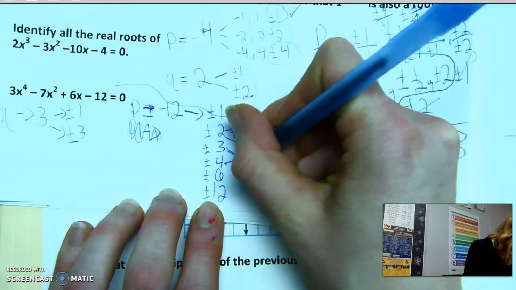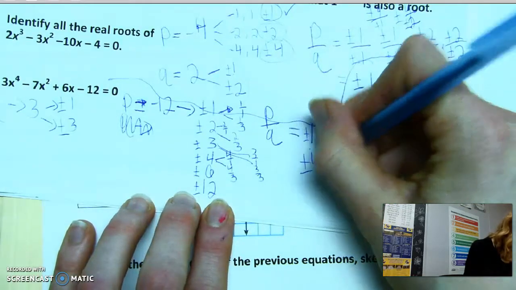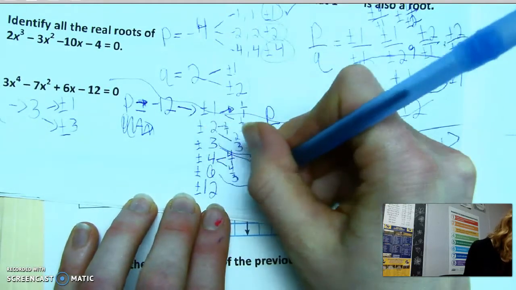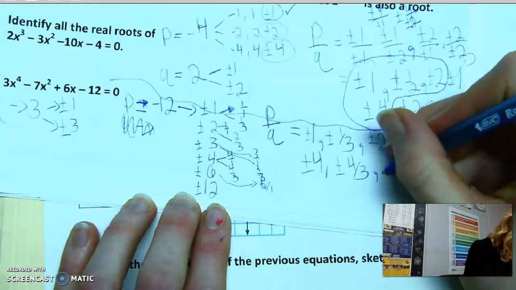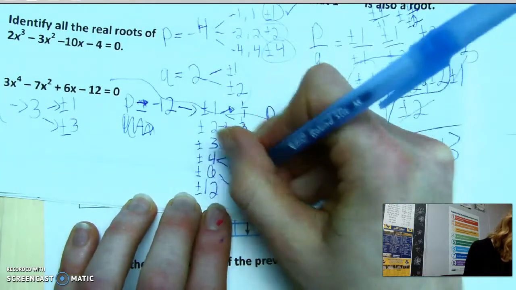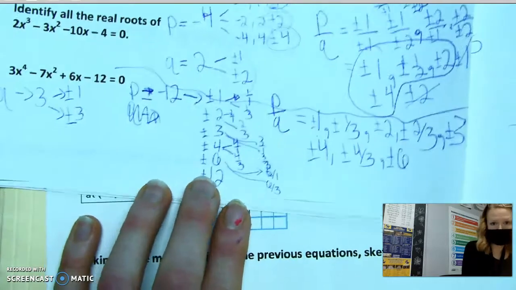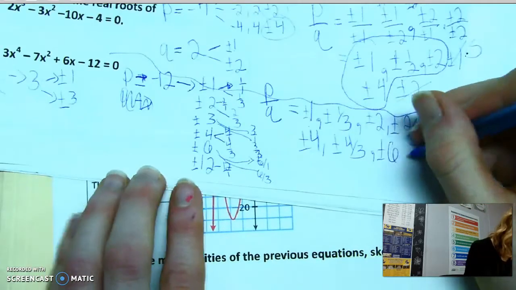4 divided by 1, and then I have 4 divided by 3. So I have plus or minus 4, plus or minus 4/3. Got to continue with 6 divided by 1, which is plus or minus 6. And then 6 divided by 3, which is 2. I already have a 2 there, so I don't have to write it down. 12 divided by 1, which is 12.